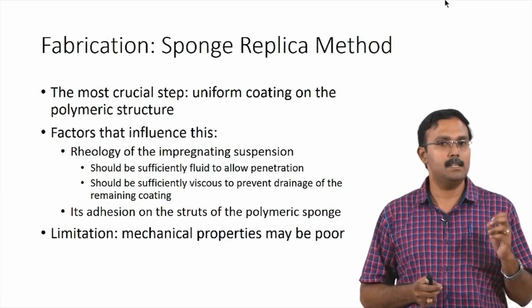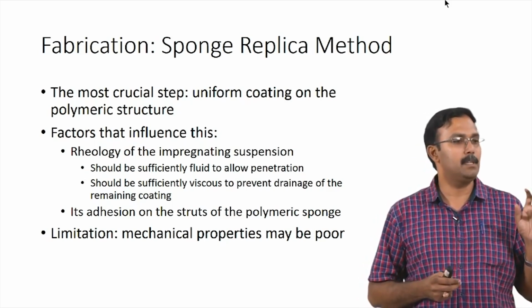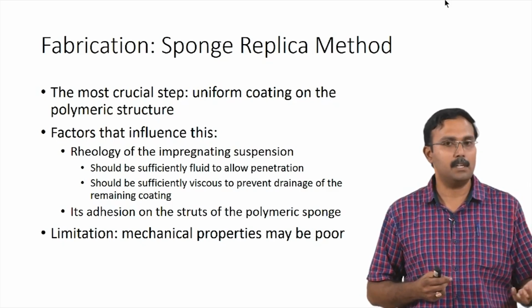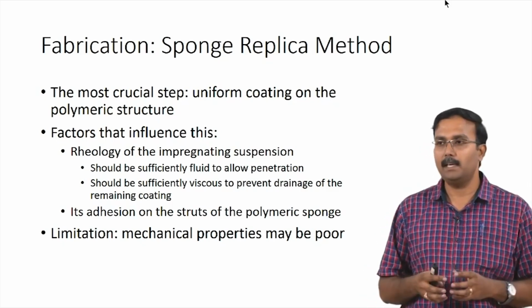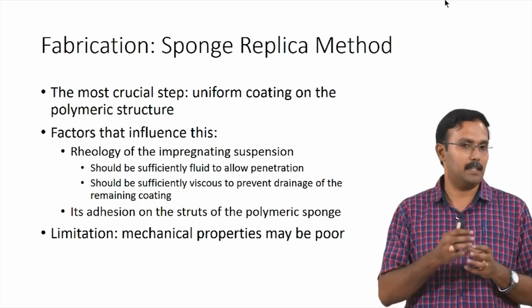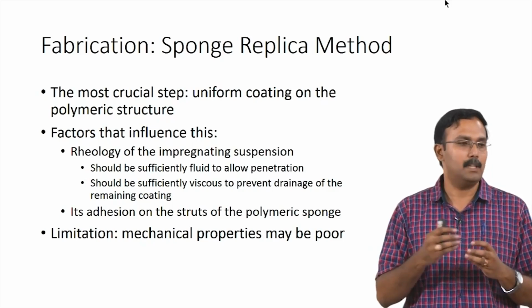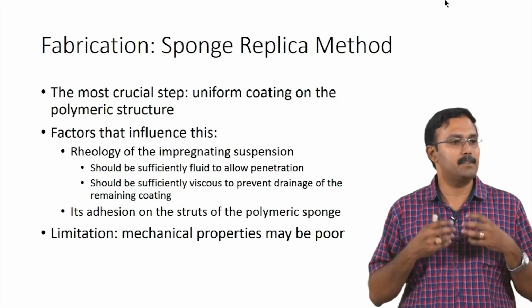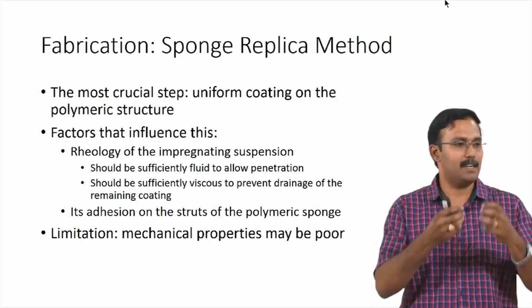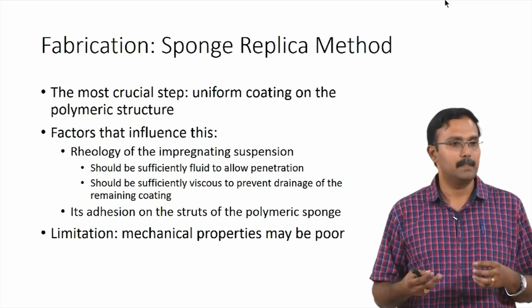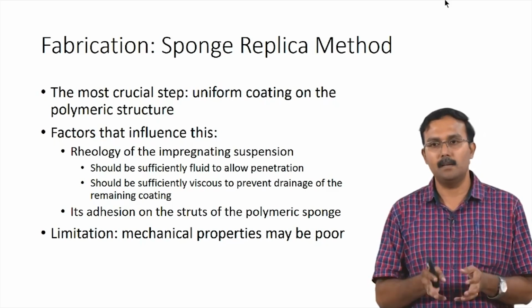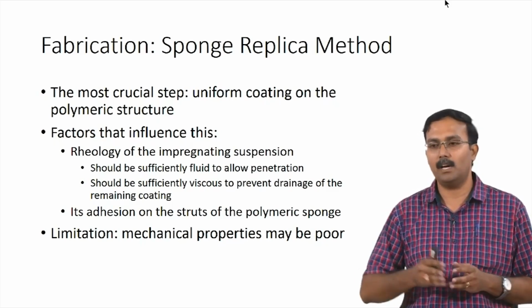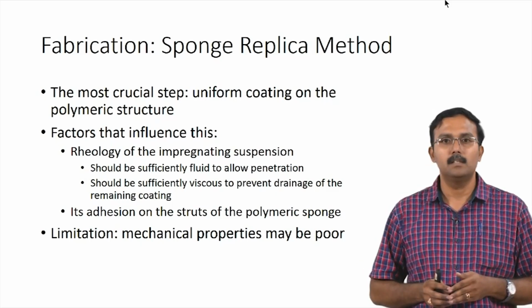The rheology is crucial because the suspension needs to be sufficiently fluid for it to allow penetration. It needs to reach all the areas of the template so that it can coat it completely. At the same time, it needs to be sufficiently viscous so that it does not just drain off after coating. After coating it needs to stick there and remain there. That will happen only if you have the right viscosity.